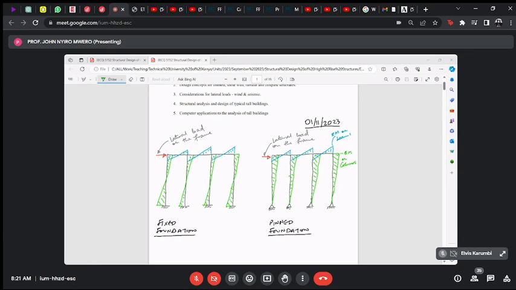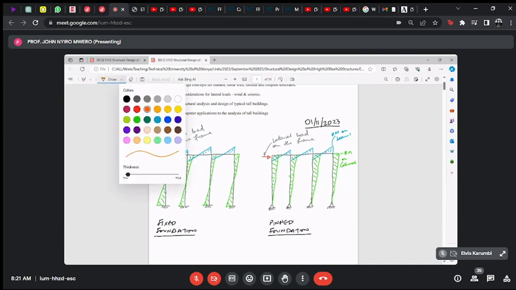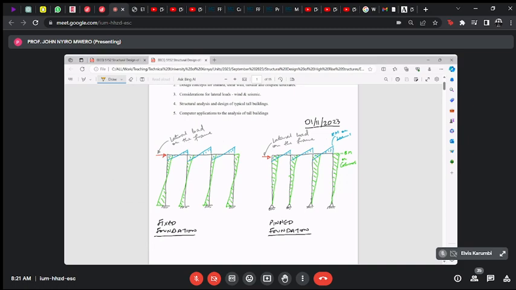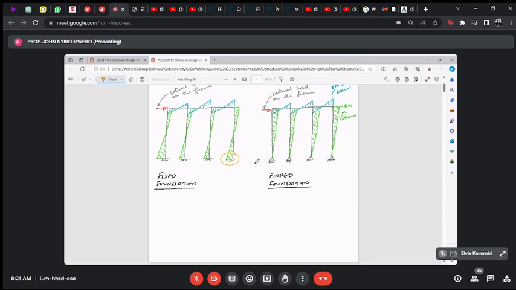The first important thing you want to take note of is that because we assumed this frame was fixed at the support, it's important to note that bending moments will be generated at that support due to the fixity.